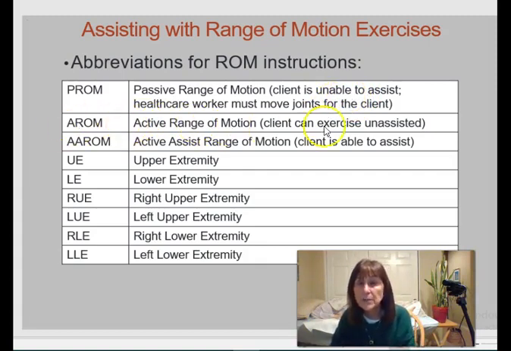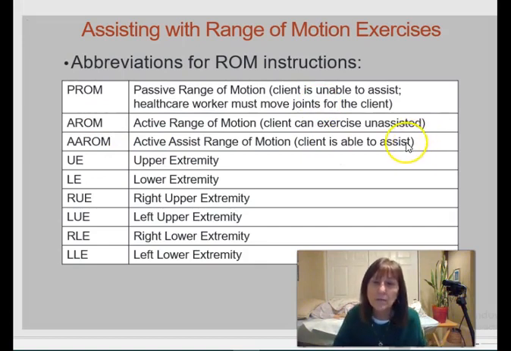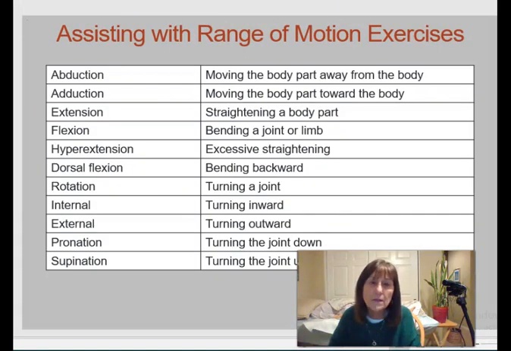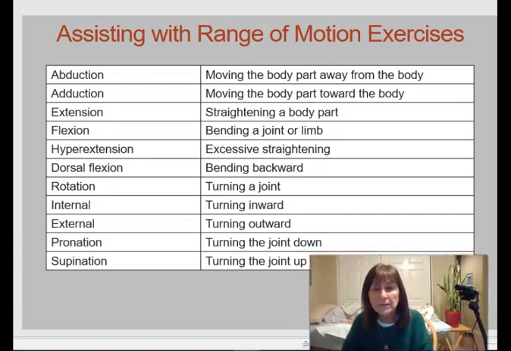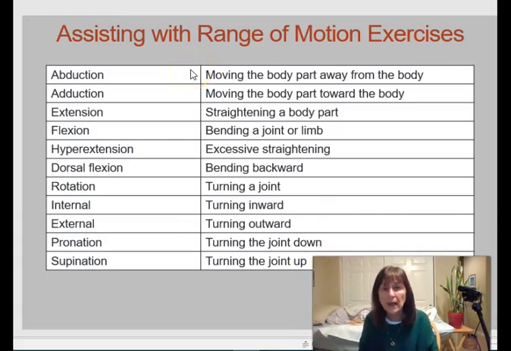Active range of motion is that the patient is maybe following you and doing exercises. And then in between, they're able to assist somewhat, but you're getting it through the full range of motion.